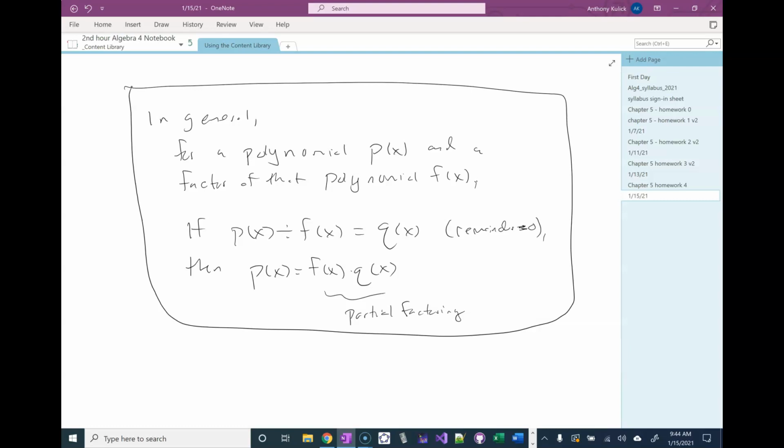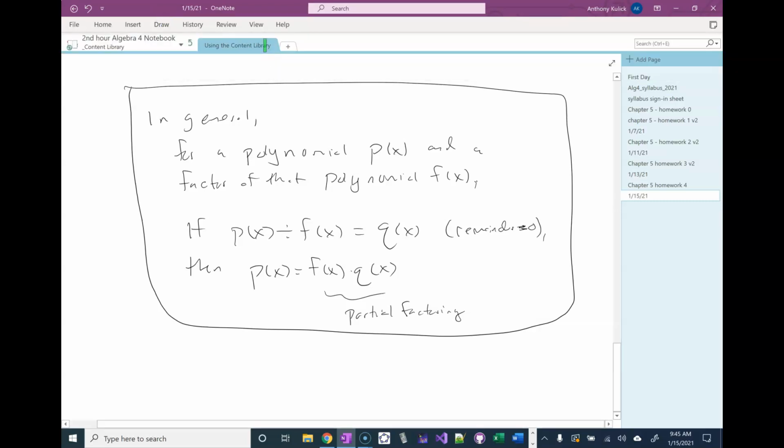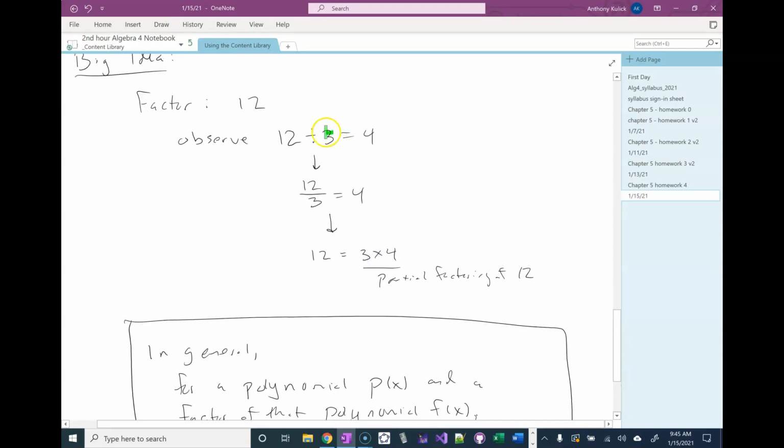Now there's some big details left to be fleshed out here. Does anybody see what the most important thing that's not addressed here in this example or this statement is? It's, how did I pick 3?